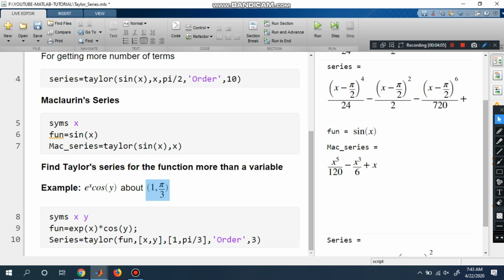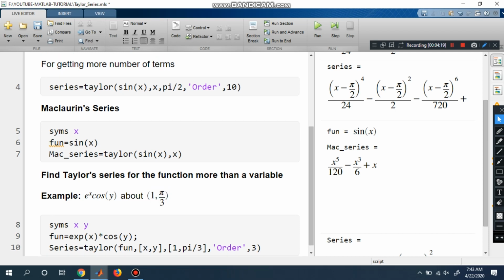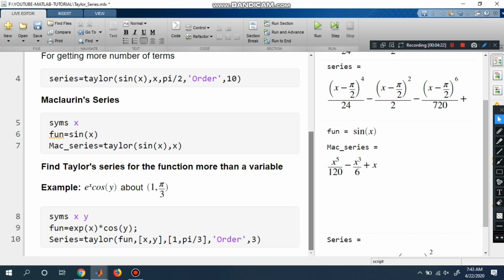That is why here I took the two symbolic variables x and y, SYMS x y. Now, e power x cos y: we know that exp is the syntax, so exp of x into cos y.